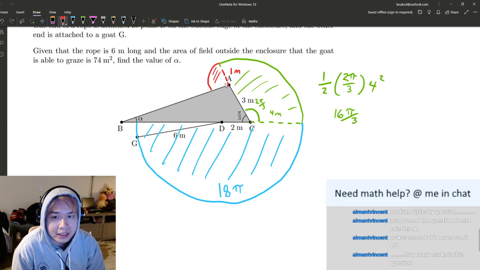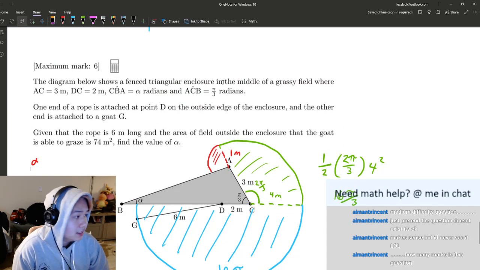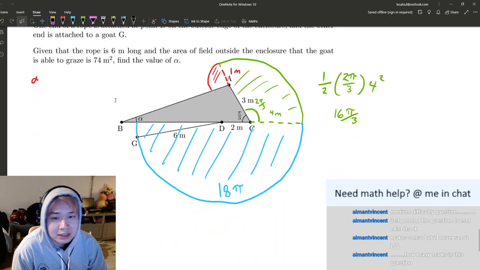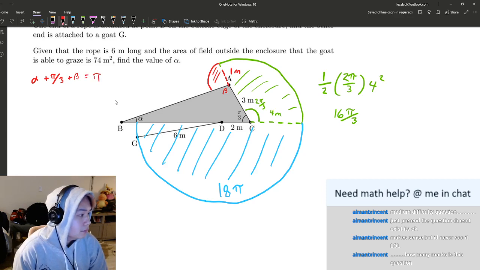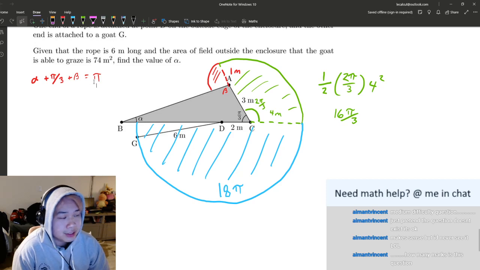So we know that the 3 internal angles of the triangle, this is 6. This is an unrealistic 6 marks. So I'm going to call this angle right here beta. So I know that these 3 angles will add up to 180 degrees, which is pi in terms of radians.